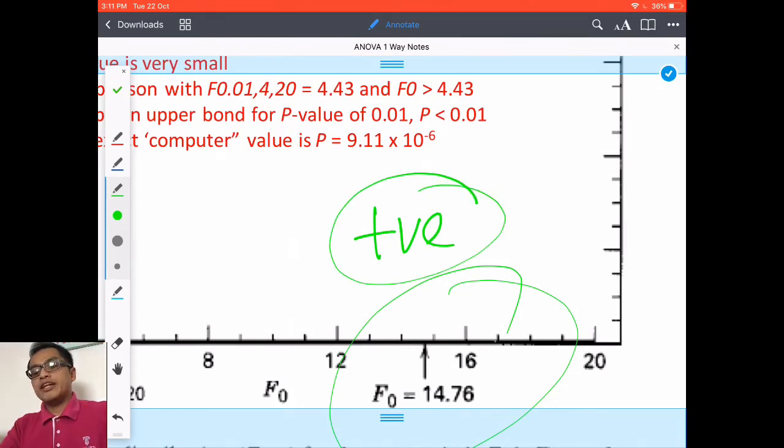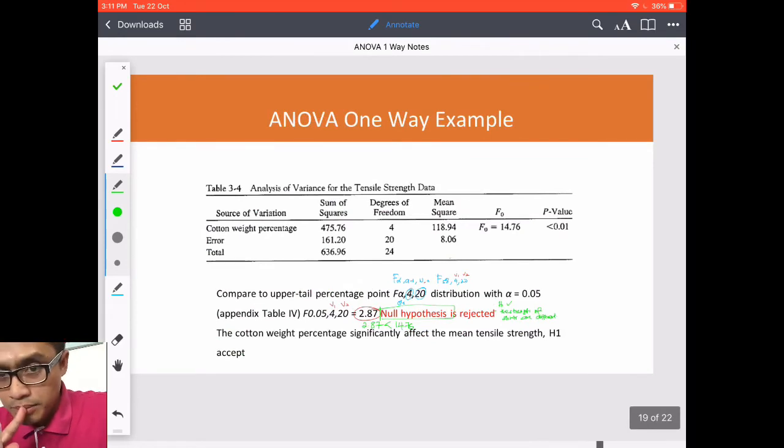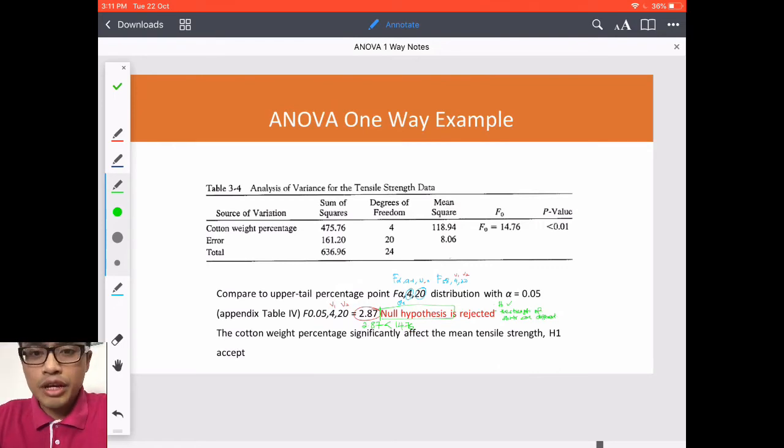If H0 is accepted, it means that none of these shirts are different. Any cotton weight percentage will give you a similar strength. If you decided to choose one for production, and the more cotton you have the higher its price, then choose the cheapest one, which is 15% cotton weight.